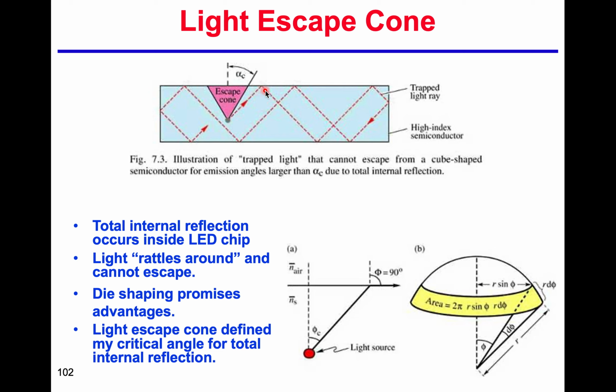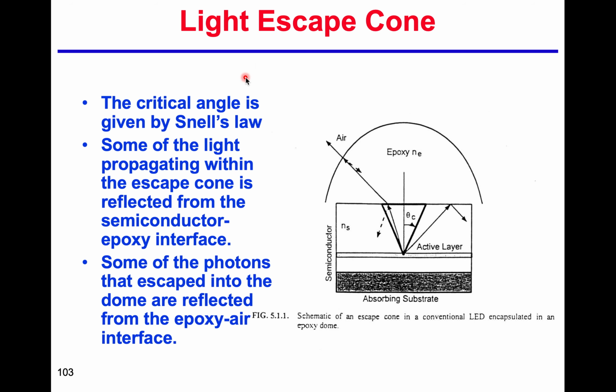Okay, so we can only have a very small escape cone, and the light can go out to the air from the semiconductor. There are several ways to do that.